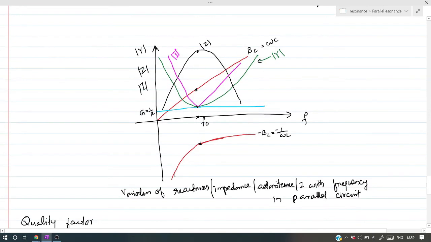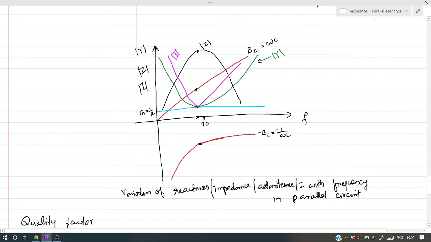And this graph gives us information about the variation of reactances, impedances, admittances and current with respect to frequency in a parallel circuit. We can see that conductance is the reciprocal of resistance, that is constant, and the admittance is minimum at resonance frequency. The magnitude of admittance is maximum at frequency equal to 0 and at infinity, and it decreases, at resonance frequency its value becomes minimum, again it increases to maximum.